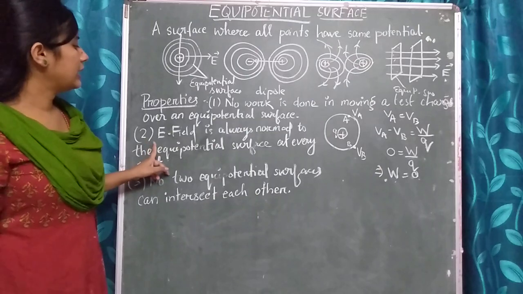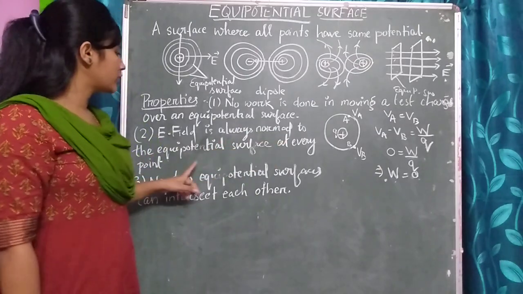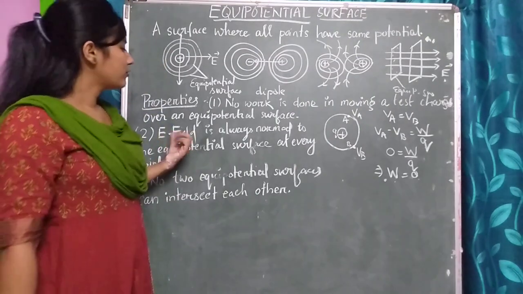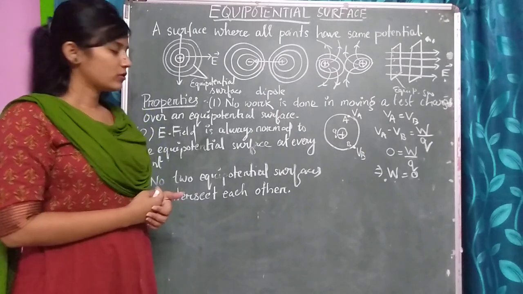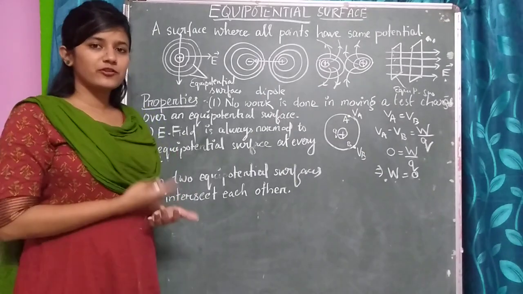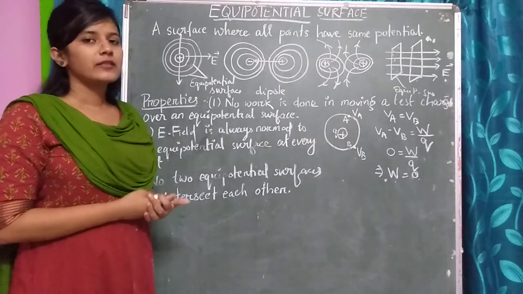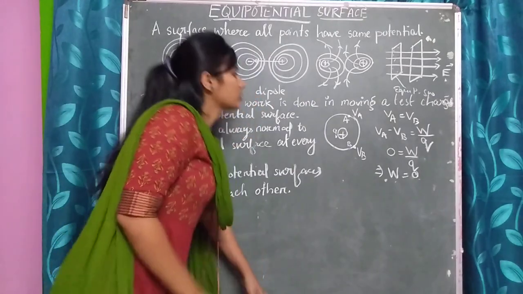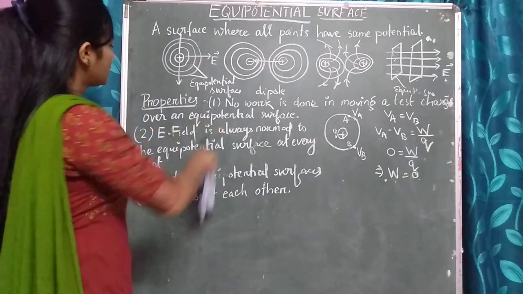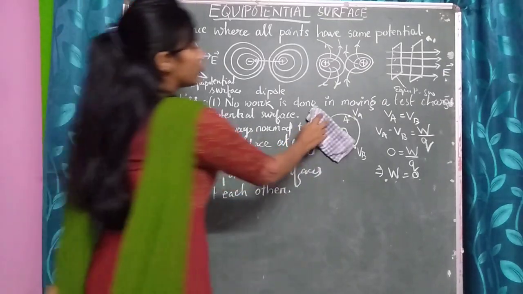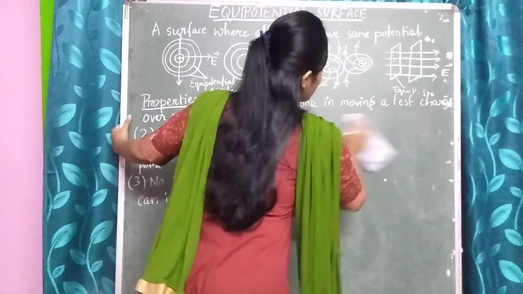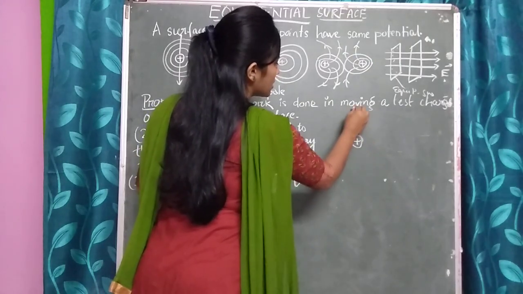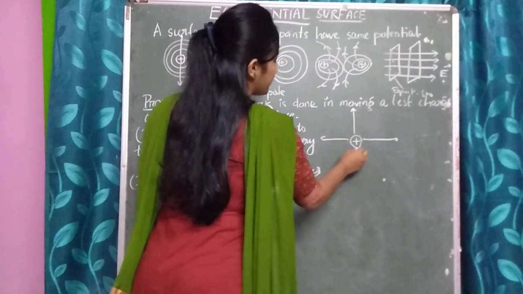Next one is: the electric field is always normal to the equipotential surface at every point. That means the angle between the electric field and the equipotential surface will always be 90 degrees. How? Let us prove this second property. Suppose this is a positive charge, so the electric field direction will be like this.